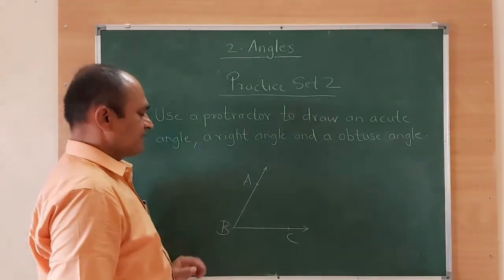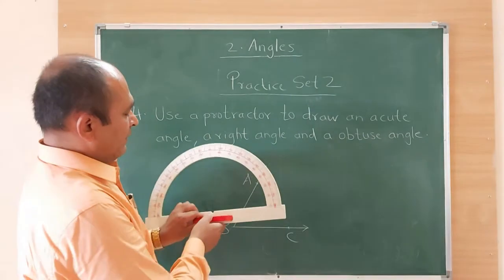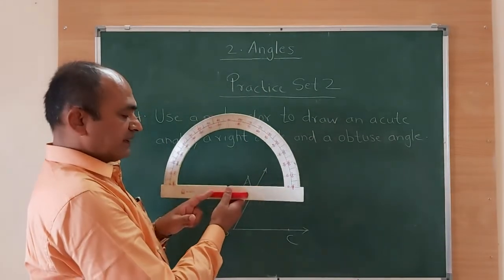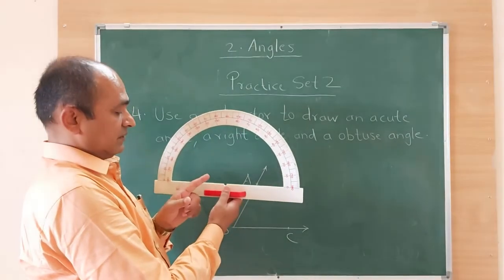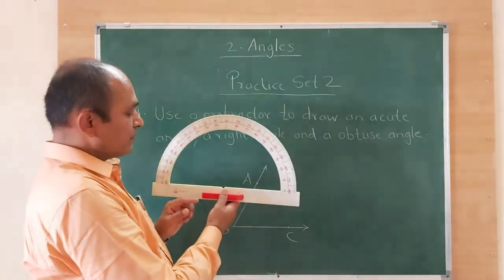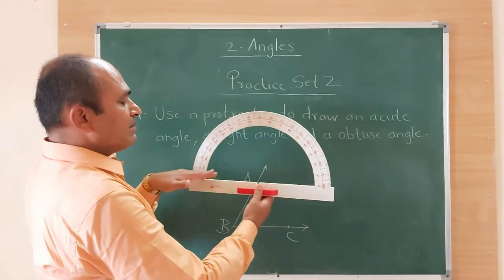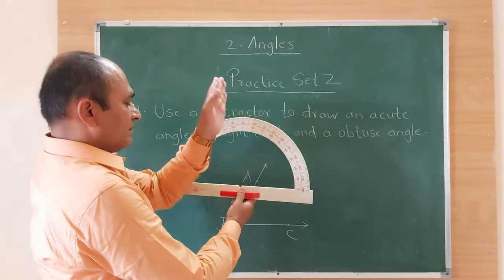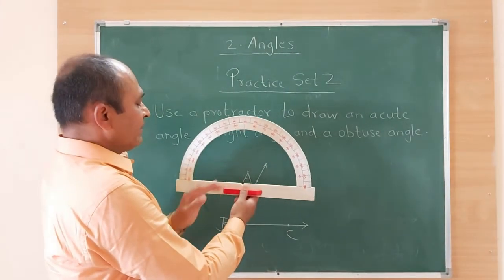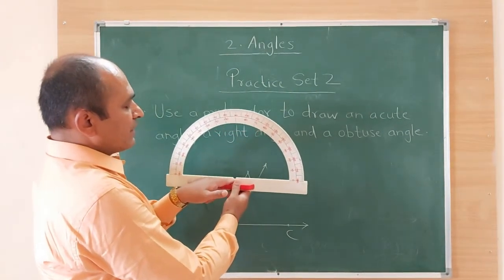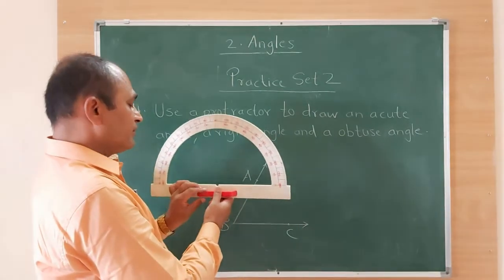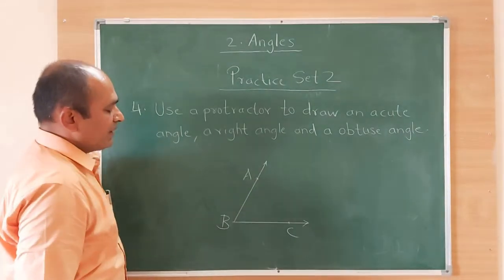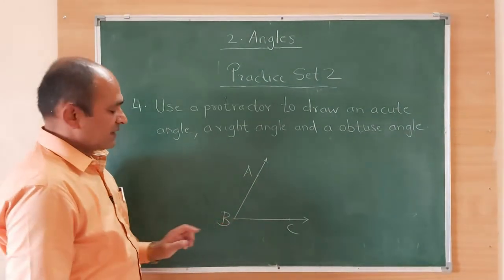Now I want to measure this angle. First, this groove, that is the center of the protractor. In the protractor from your compass box, there is a dark black baseline and a perpendicular line. Wherever those two lines intersect, that is the center of your protractor. You have to keep the center of the protractor on the vertex of the angle.